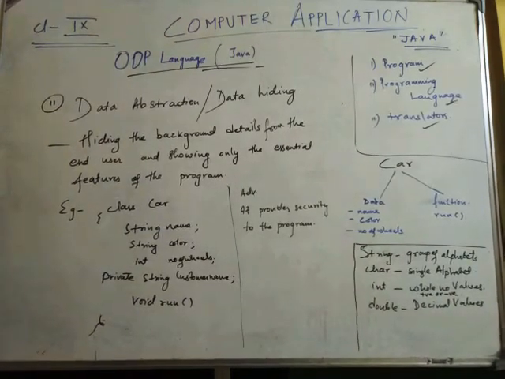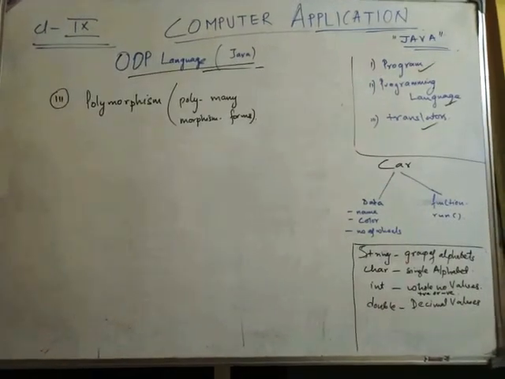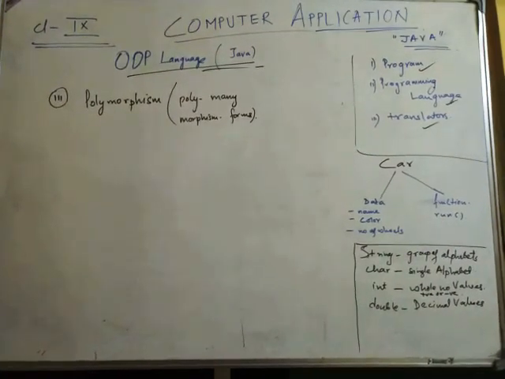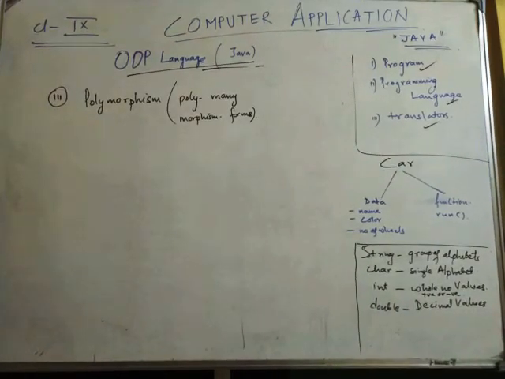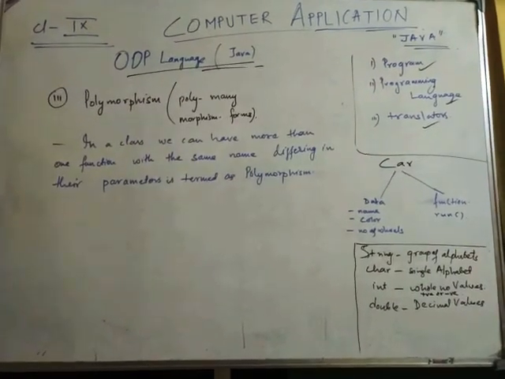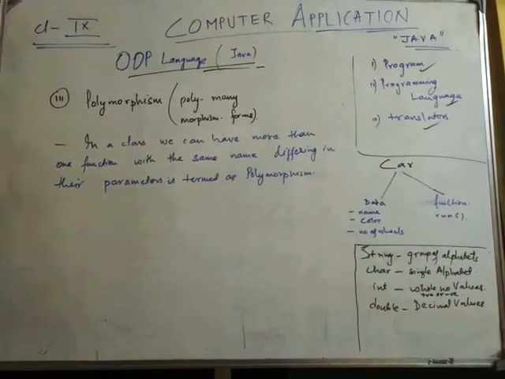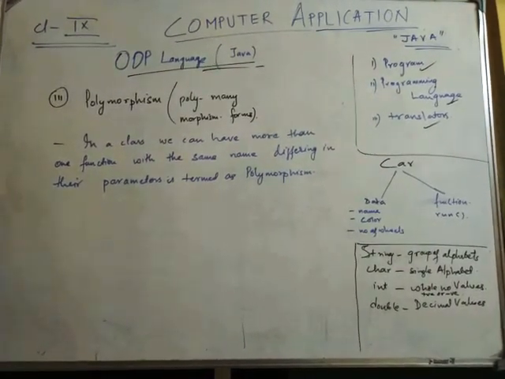The next, third feature of your OOP language is polymorphism. Poly means many and morphism means form. The definition suggests that in a class we can have more than one function with the same name differing in the parameters, which is termed as polymorphism.